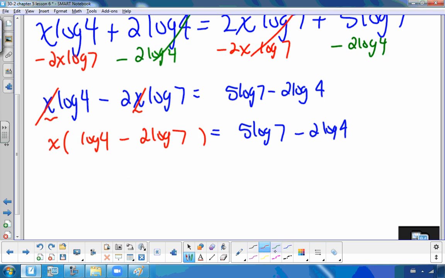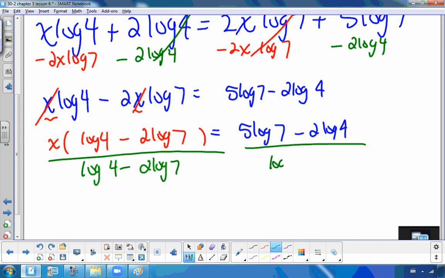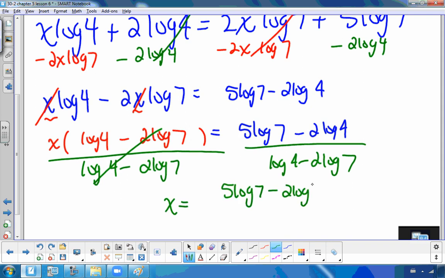So to get it by itself, I'm just going to divide both sides by that number. Okay, so that's gone. So x is equal to this big number.